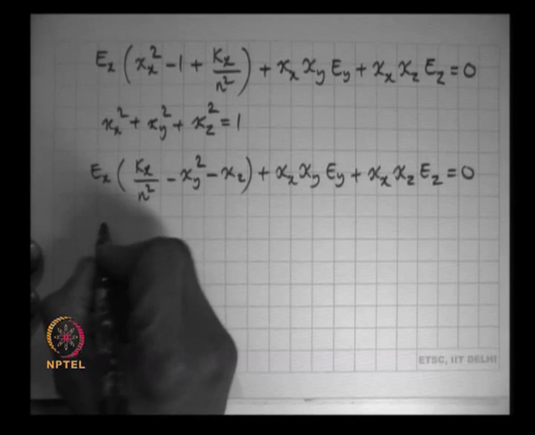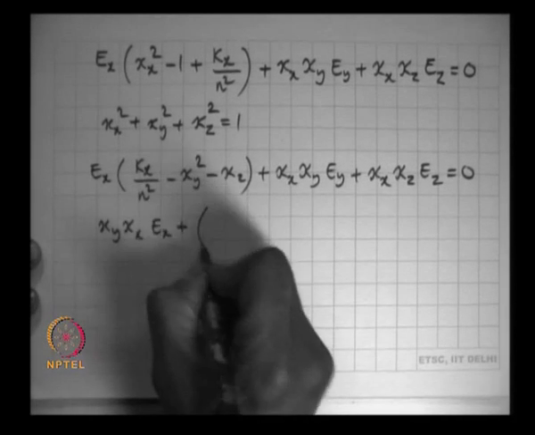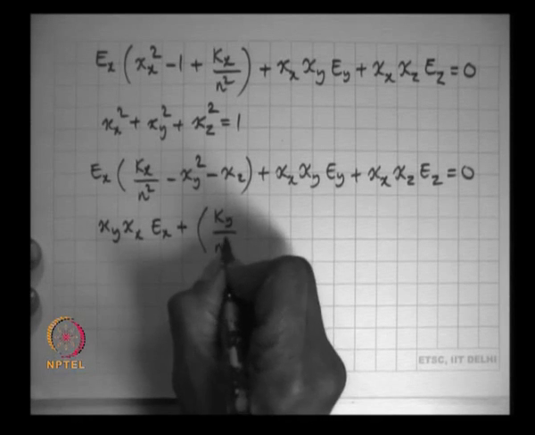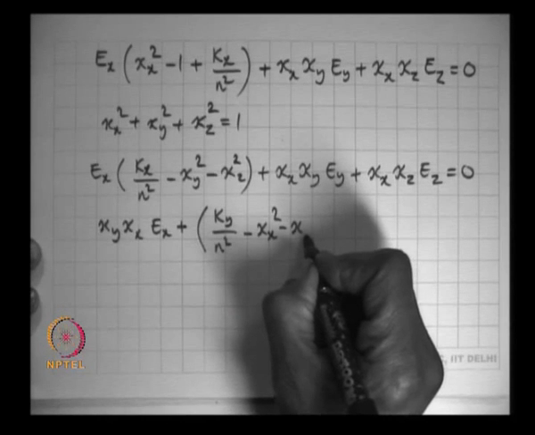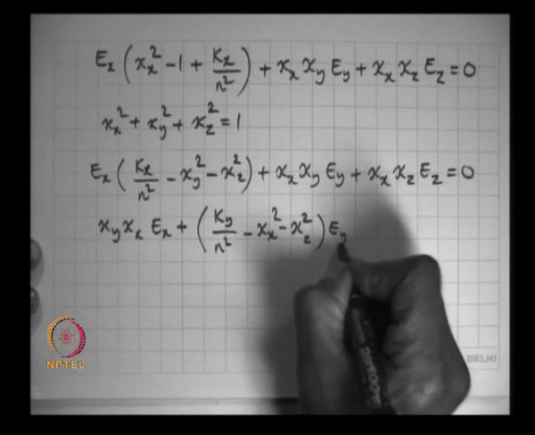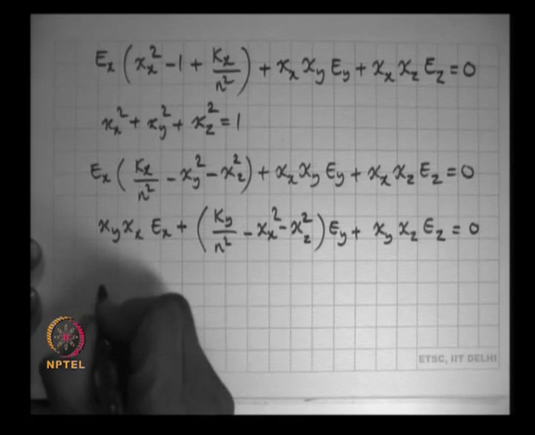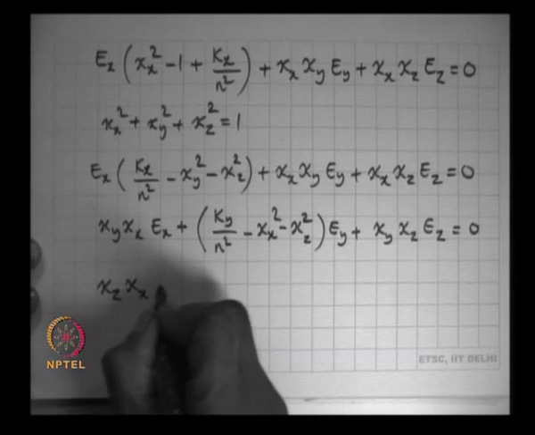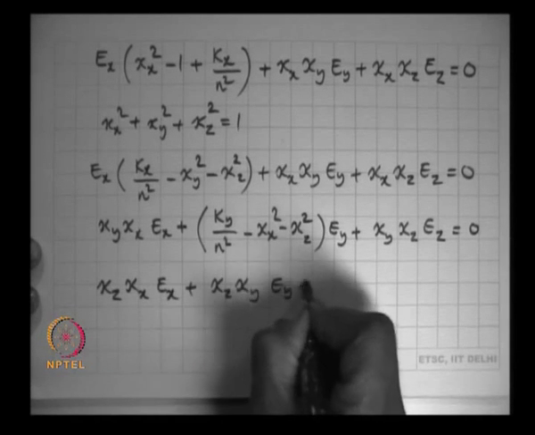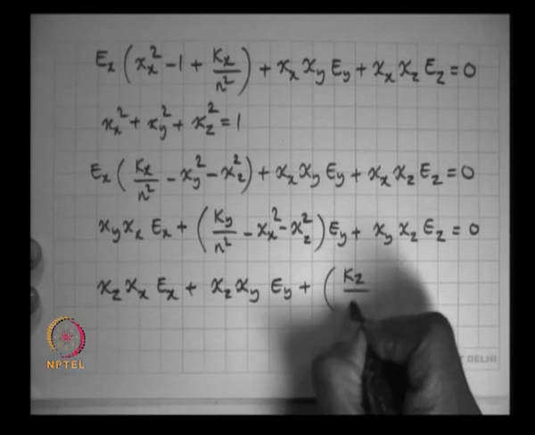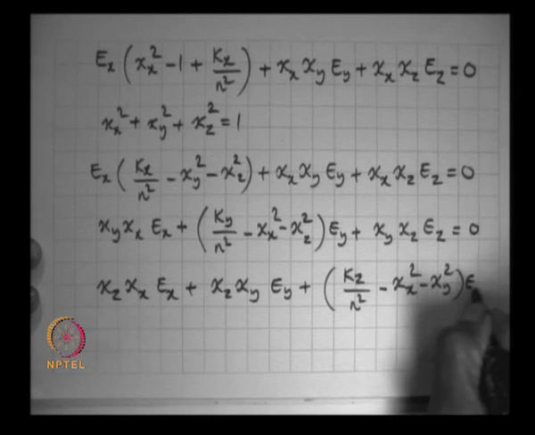So, for example, the second equation you will get is kappa y kappa x Ex plus ky by n square minus kappa x square minus kappa z square into Ey plus kappa y kappa z Ez is equal to 0 and kappa z kappa x Ex plus kappa z kappa y Ey plus kz by n square minus kappa x square minus kappa y square into Ez is equal to 0.